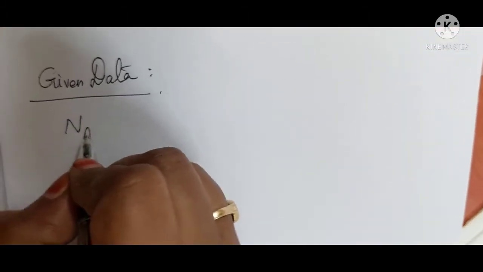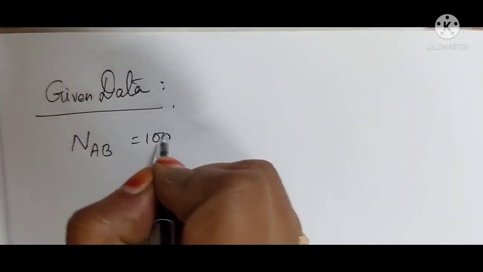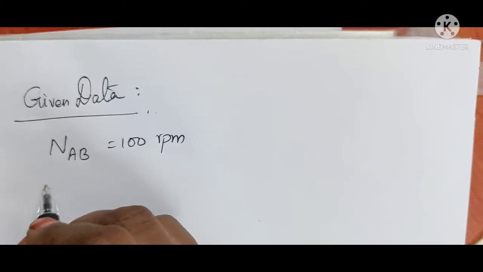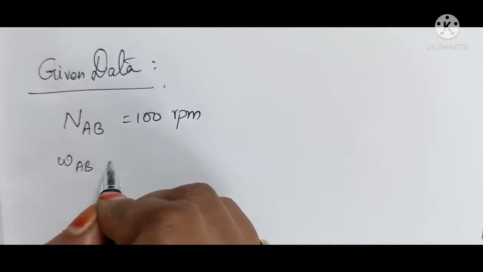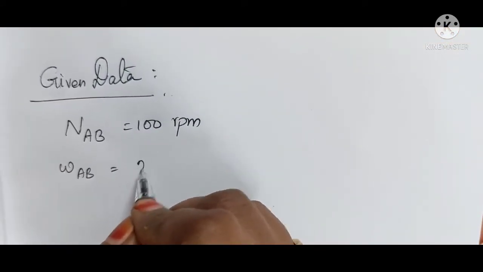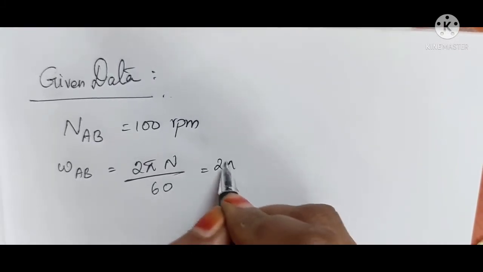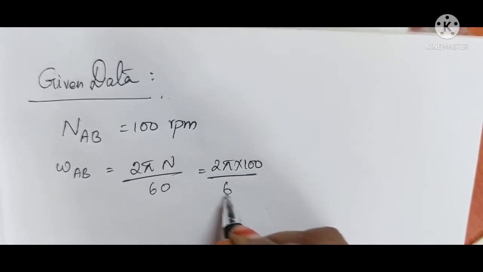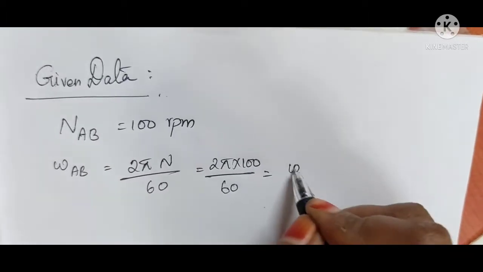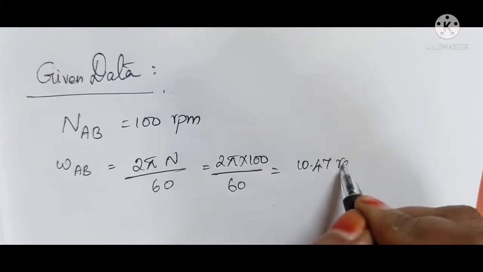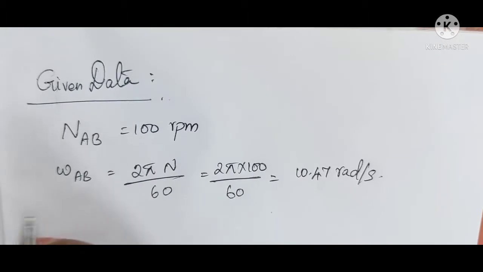So N_AB equal to 100 rpm. Omega AB, you can convert with the help of the formula 2 pi N by 60. This is equal to 2 pi into 100 by 60, which gives 10.47 radians per second.